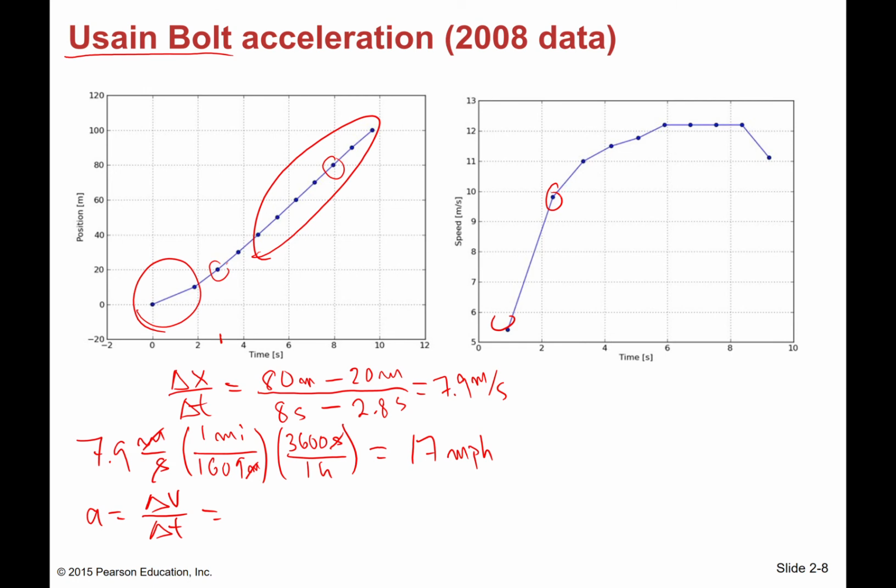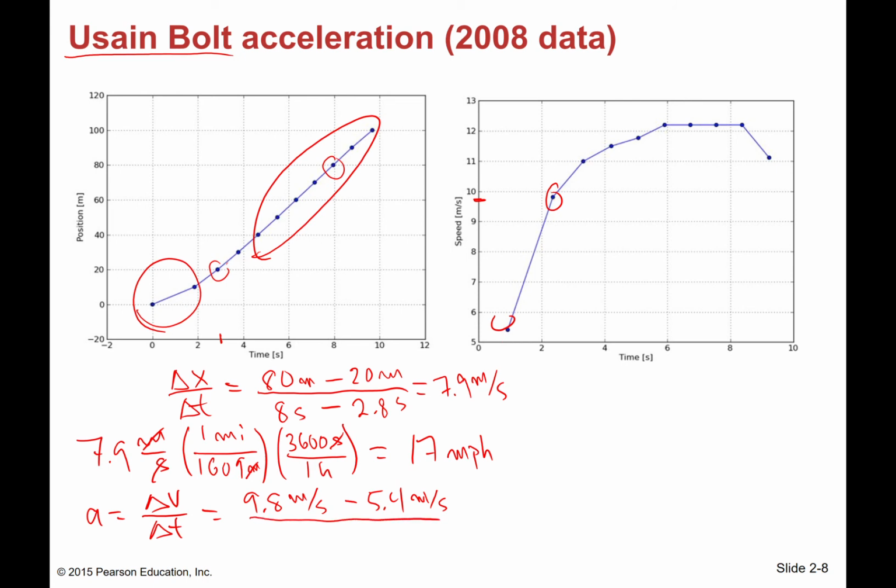So I'm going to say the speed at this point is 9.8 meters per second, reading from the graph here. This is roughly 9.8. And then I'm going to say the speed at this point here is roughly 5.4 meters per second. So this is V final minus V initial.